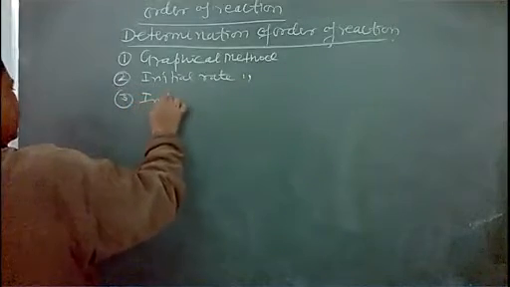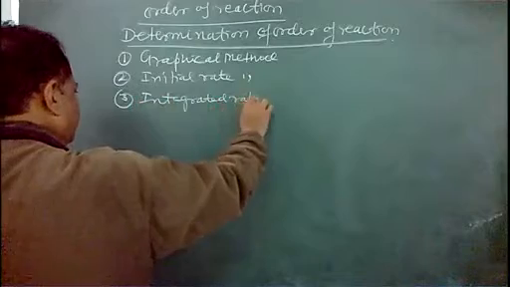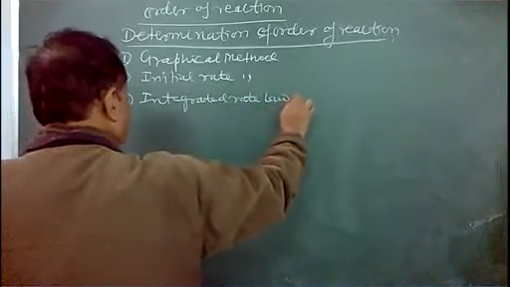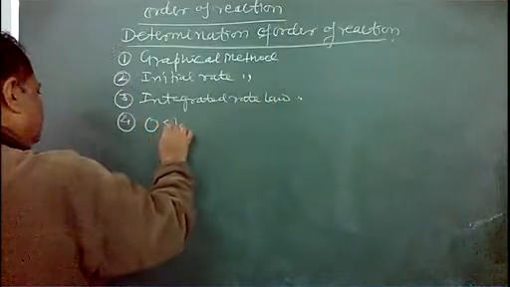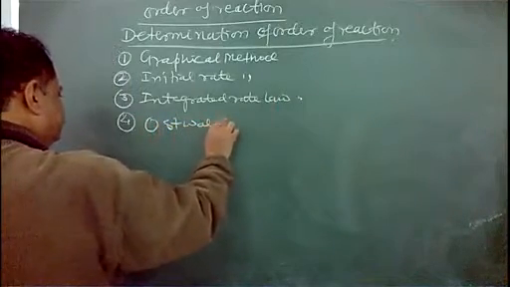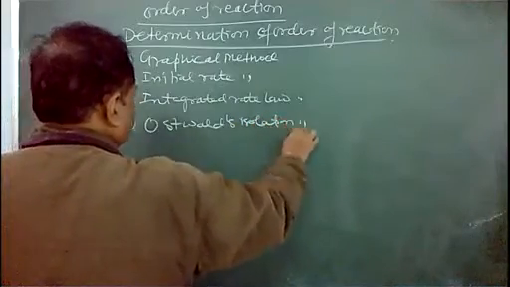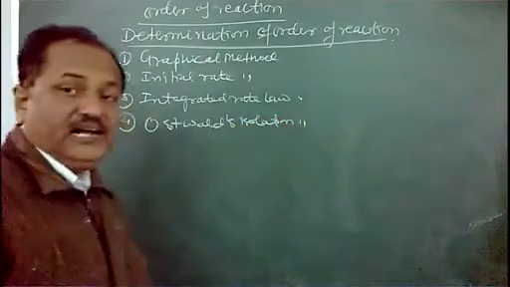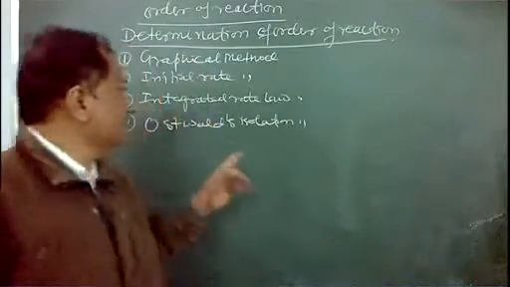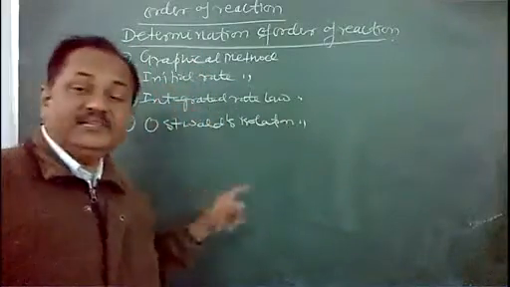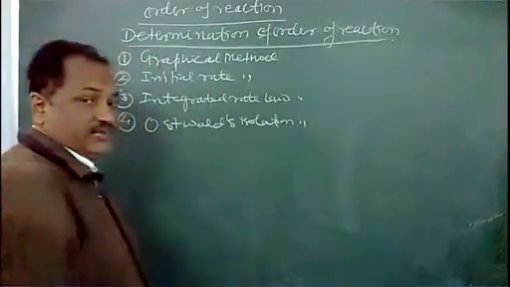Third is the integrated rate law method, and fourth is Ostwald's isolation method. There are four ways: graphical method, initial rate method, integrated rate law method, and Ostwald's isolation method.